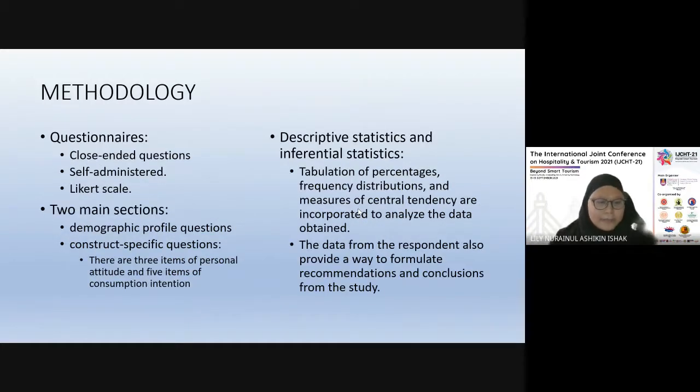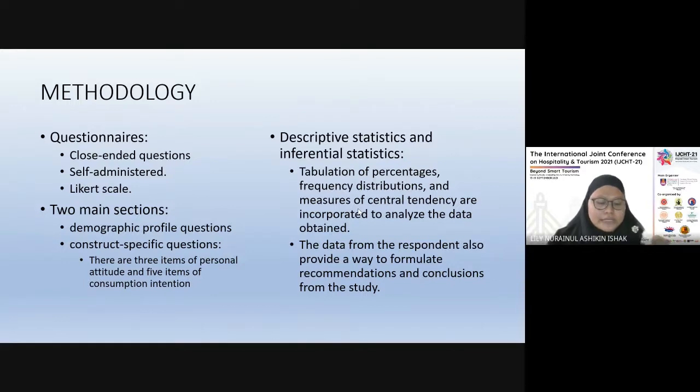As for the methodology, the instrument used is a questionnaire. It is a self-reported, close-ended questionnaire distributed to the respondents, and all of it was self-administered.